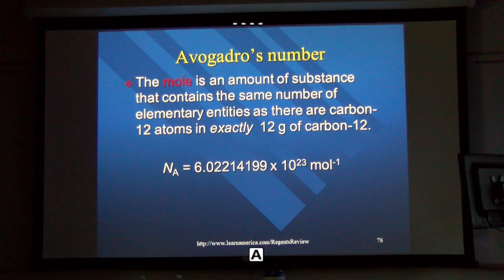That's a famous number. And then you would be able to figure out what 1 mole of atoms of carbon would weigh.